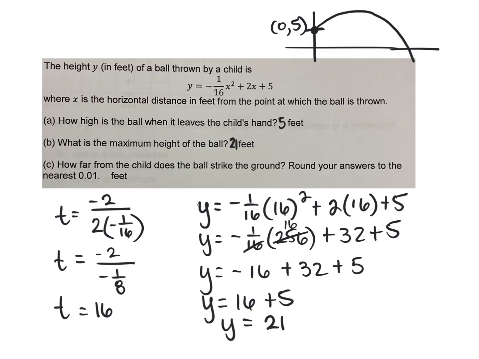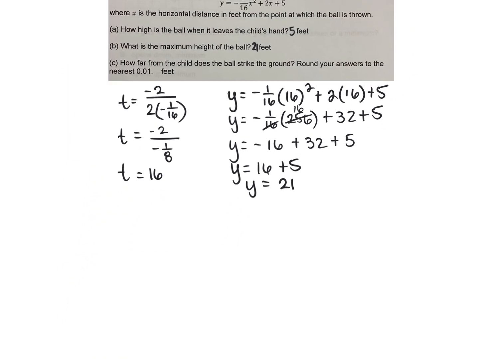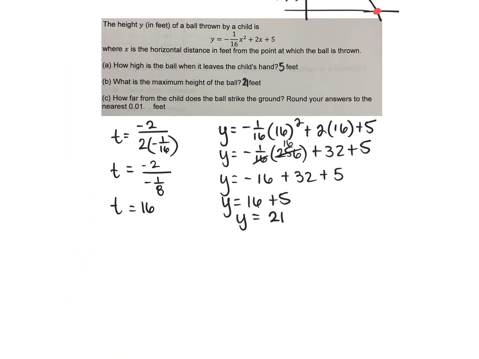How far from the child does the ball strike the ground? All right, we haven't had one of these yet. So this is asking for this x-intercept over here. So we use that exact same equation and we find out where the x-intercept is. So I'm going to do this up underneath. We have negative 1/16 x squared plus 2x plus 5, and we're trying to figure out when it has a height of 0.